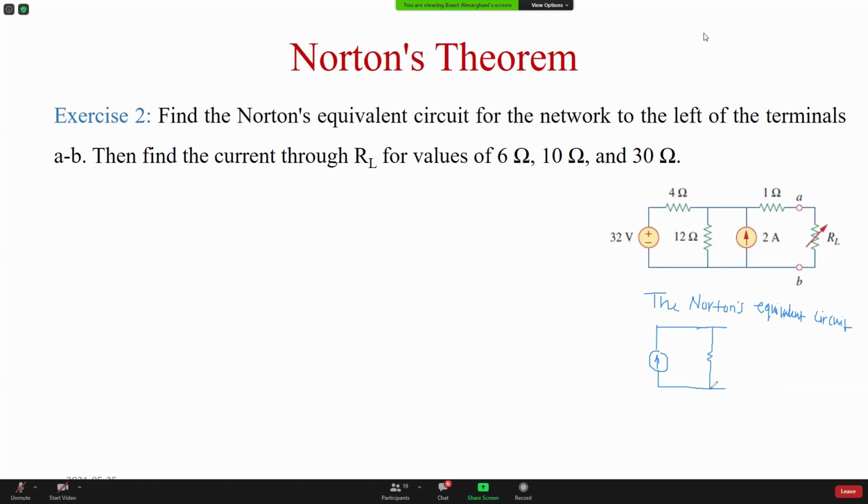Now it's DC, so it's resistance Rn. This is In, and those are my terminals A and B. Those are the terminals of the original circuit, and I can connect the RL now here, which is external to my circuit.